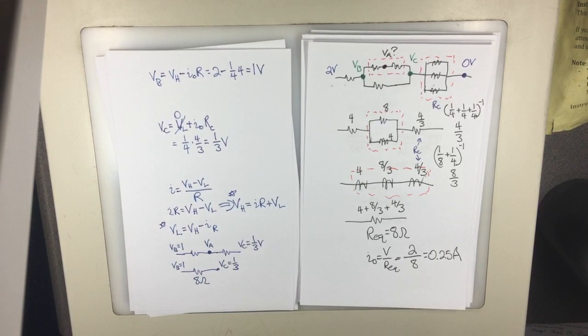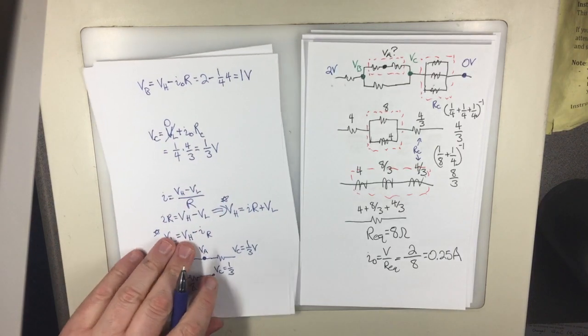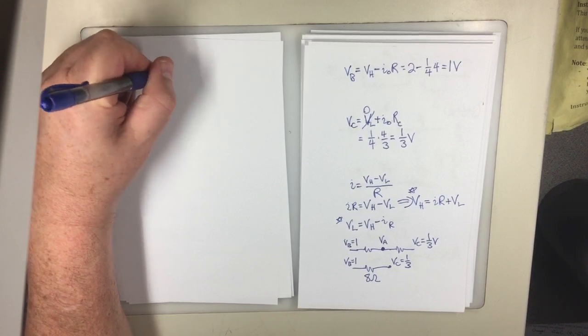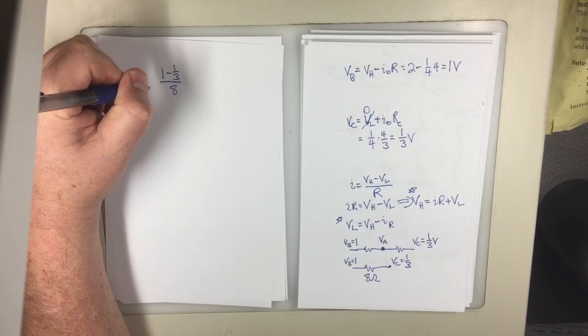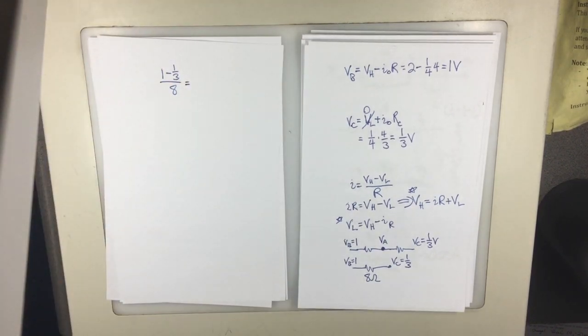This means that I can get the current passing through those 8 volts. I know the total resistance, I know the high, I know the low. The only unknown is current, which is for this. So this becomes 1 minus 1/3 over 8, or 2/3 over 8, or 1/12?